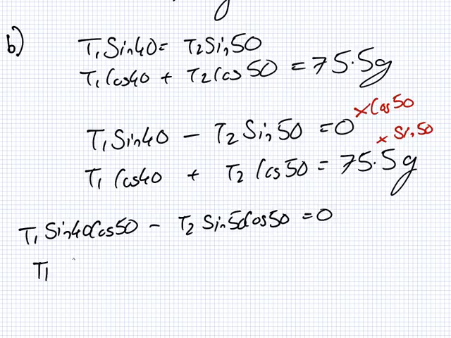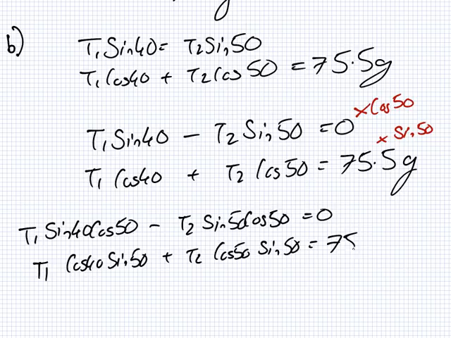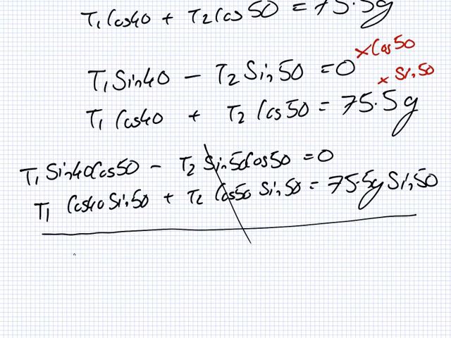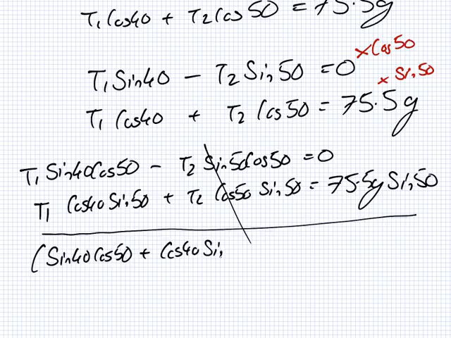And here I have T1 cos 40 sine 50 plus T2 cos 50 sine 50 equals 75.5 g sine 50. Now, add them together. They're gone. So now I have sine 40 cos 50 plus cos 40 sine 50, times T1, equals 75.5 g sine 50.